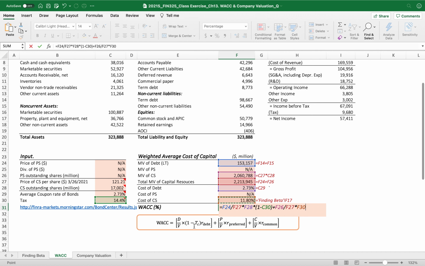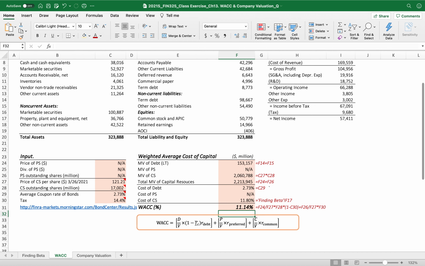The reason why we put the 1 minus tax on the cost of debt is that the cost of debt is tax deductible, right? But the cost of common stock is not. Cost of common stock is a kind of dividend, paid after net income. So we got 11.14%, which is the WACC finally.